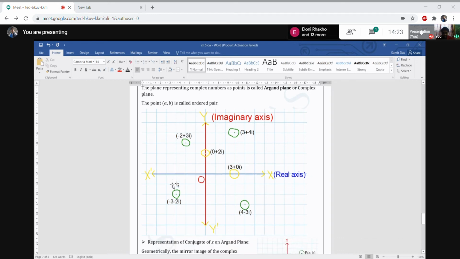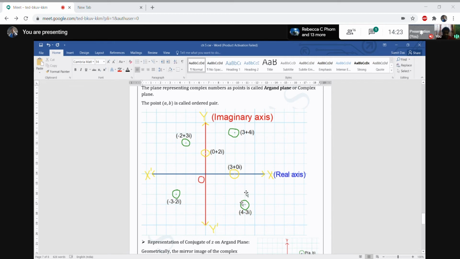Similarly, minus 3 minus 2i, how to put? Minus 3 means the real part is minus 3 and the imaginary part is minus 2. So minus 3 means 1, 2, 3 here, and minus 2 means 1, 2. So minus 3 minus 2i will be here. Similarly, 4 minus 3i will be in the fourth quadrant, where 4 is the real part and minus 3 is the imaginary part. So it is like this.